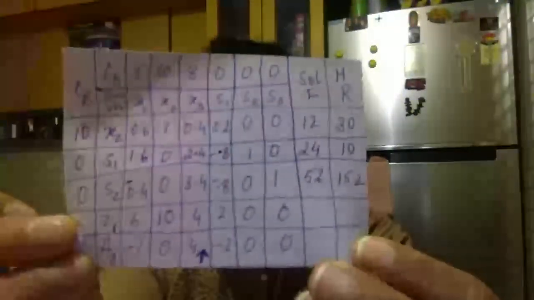So your values are 30, 10 and 15.2. It's not 152, it is 15.2. Is that clear?